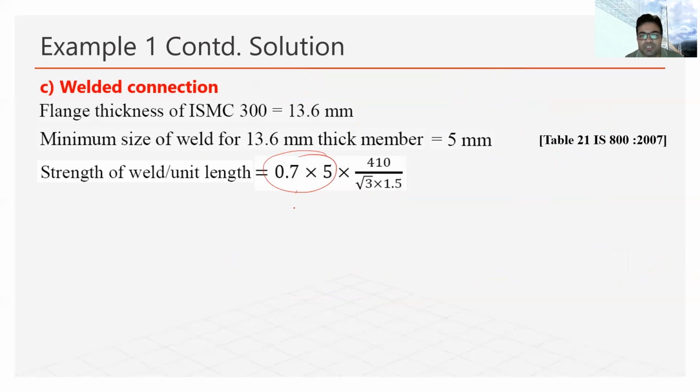This is the throat thickness, and the length of weld I am taking here as 1 mm. For 1 mm, what will be the strength of weld? 410 is the FU value, gamma MB, under root 3. By solving it, we get 552.33 Newton per mm, which means 1 mm length of weld will have this much strength.